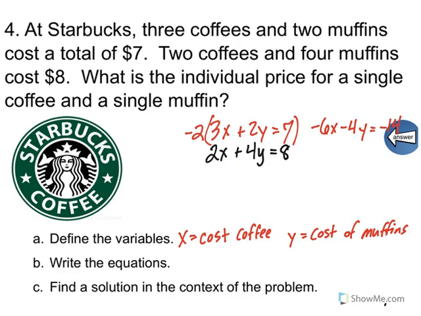Remember, I didn't change anything on the bottom one, so that's 2x plus 4y is equal to 8. Combine, so negative 6x and 2x gives me negative 4x. The y's cancel out, and I get negative 14 plus 8, which is negative 6.